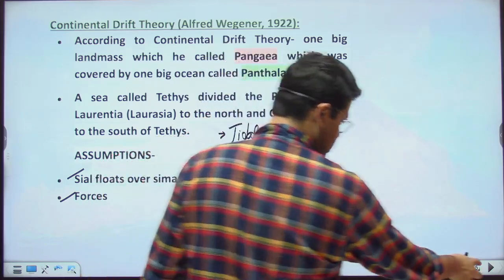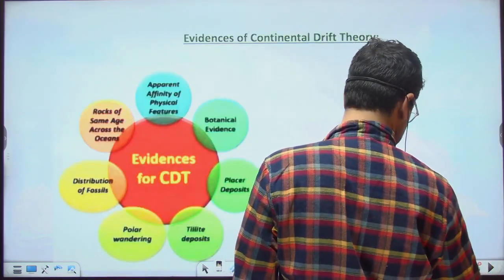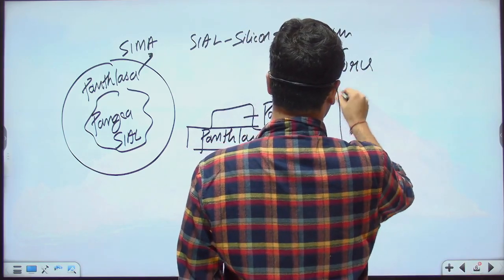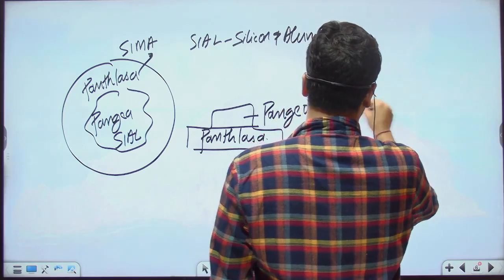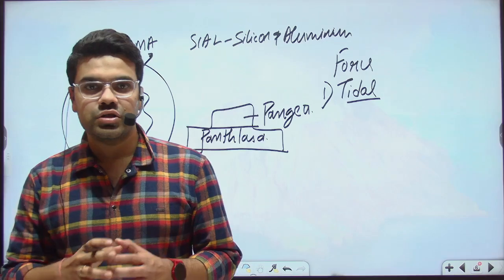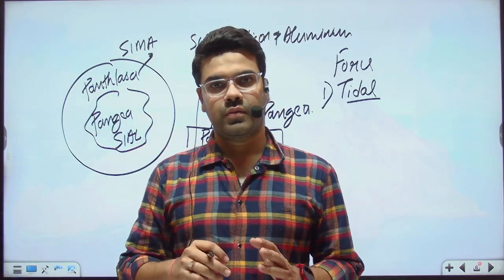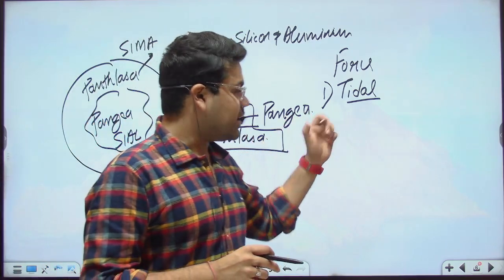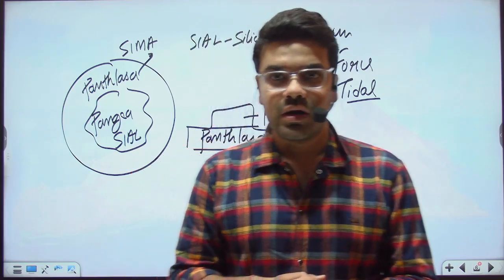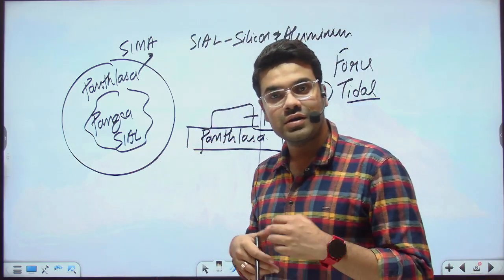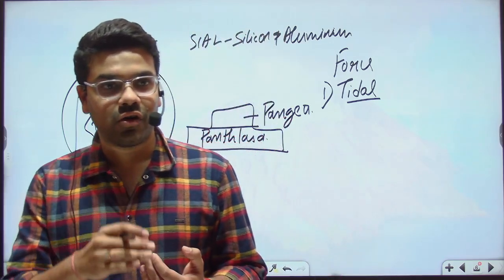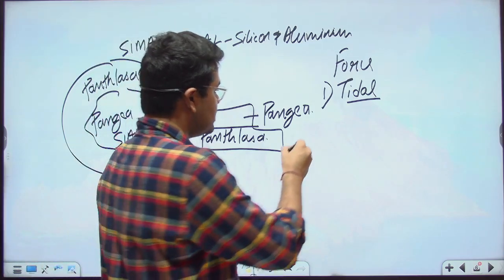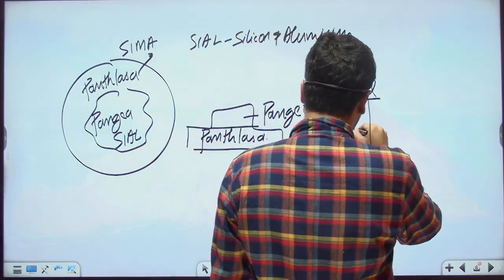I'll explain it here. What is tidal force? It is the gravitational pull of the sun and moon. The phenomenon of tides, in Hindi we call it jwar bhata, the rise and fall of the sea level, occurs because of it. The second force is the polar fleeing force.